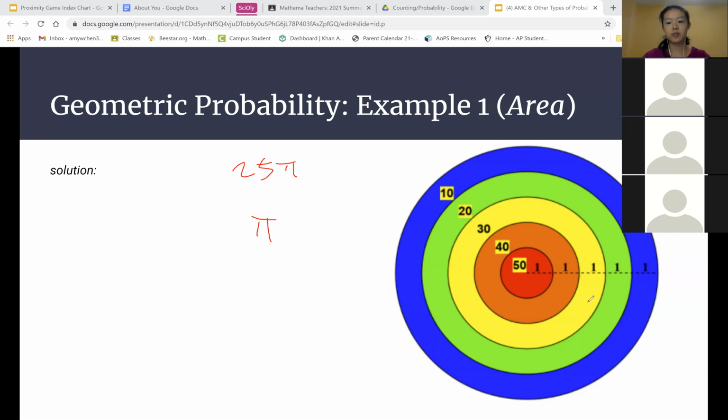The reason is that the 1 is sort of the distance between each circle, so it's sort of like this distance. Wouldn't you just calculate the diameter of the orange circle?